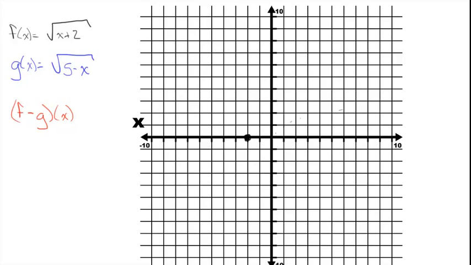So it's going to go through this point, through this point, through this point, and through this point. And it's going to look something like that. Not quite as crooked there, but you know, that's f.